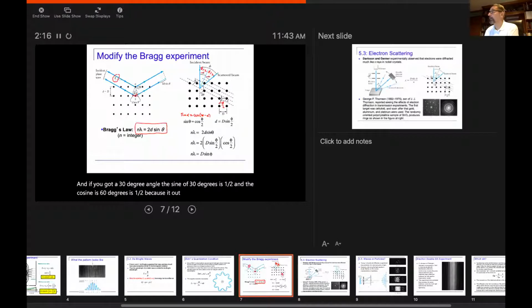If these two angles add up to be 90 degrees, the sine of one is equal to the cosine of 90 minus that angle. So we've got that exactly going on here. The sine of that angle with respect to the surface is equal to the cosine of the angle with respect to the normal, which we're calling theta over 2, because we decided that the total deflection will be phi.